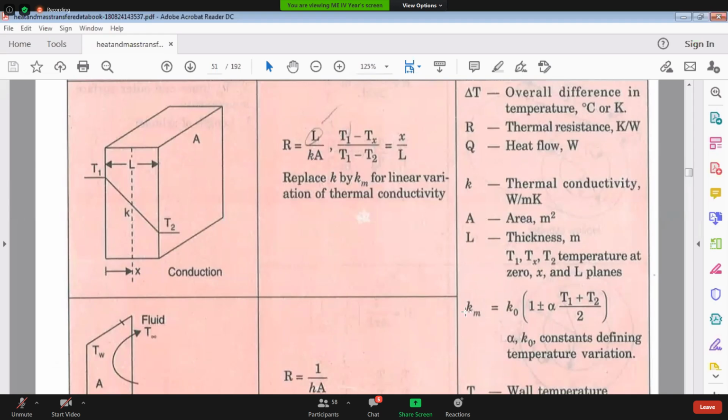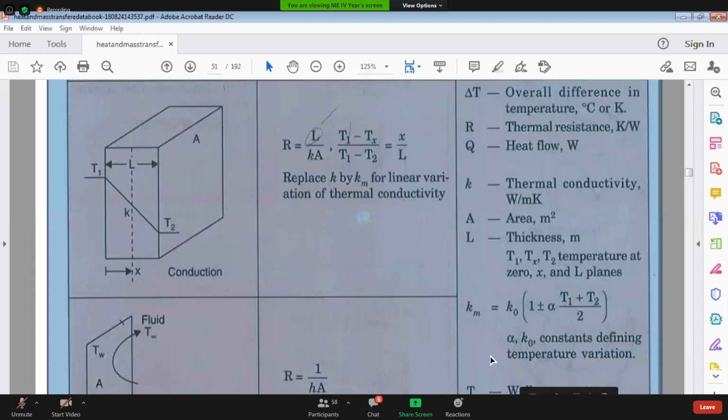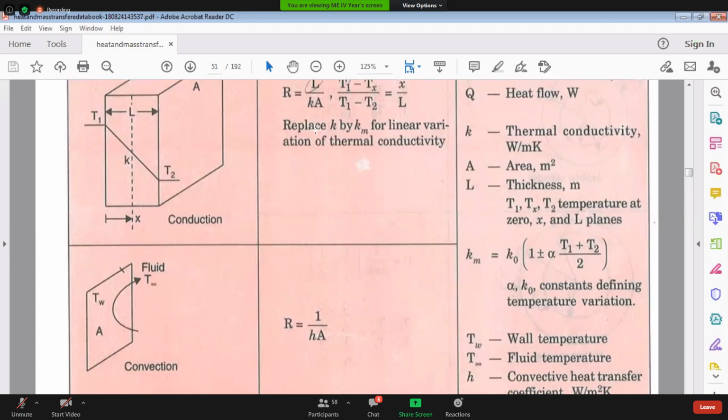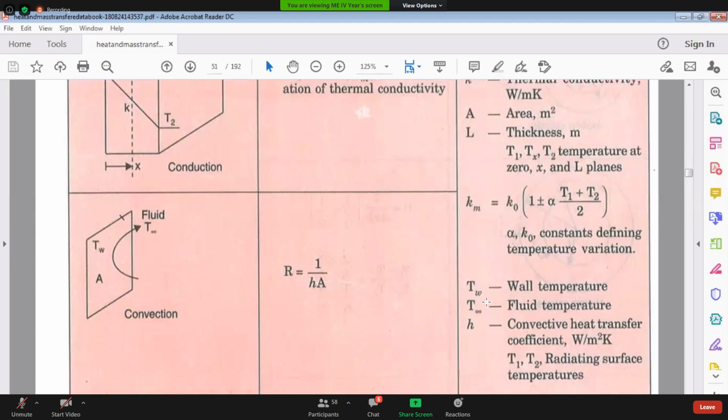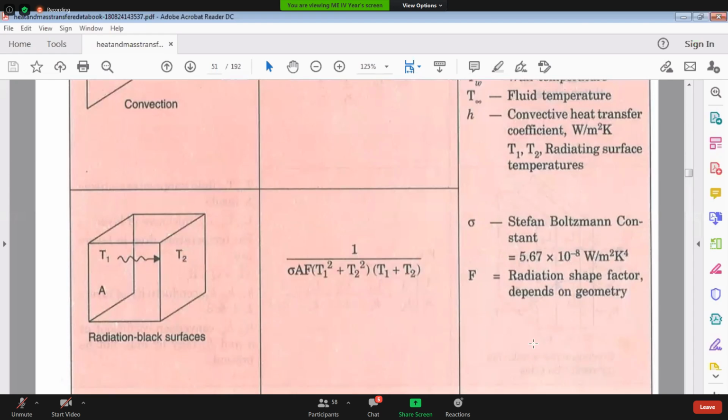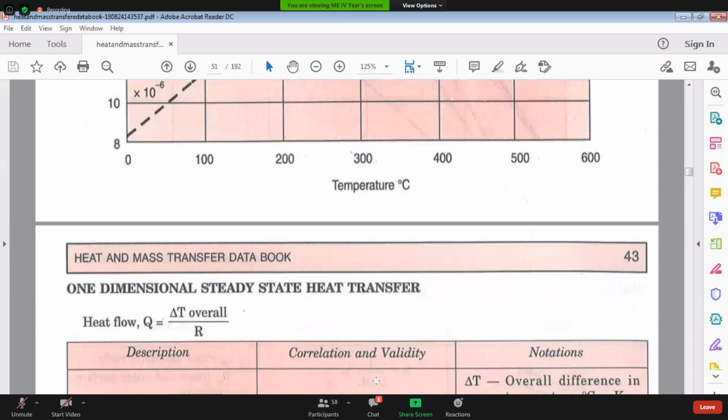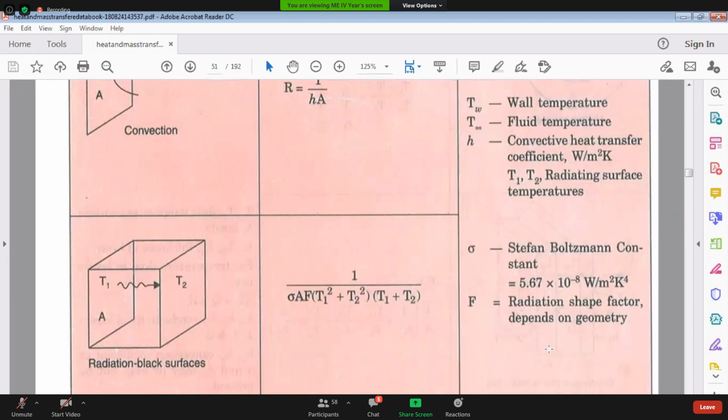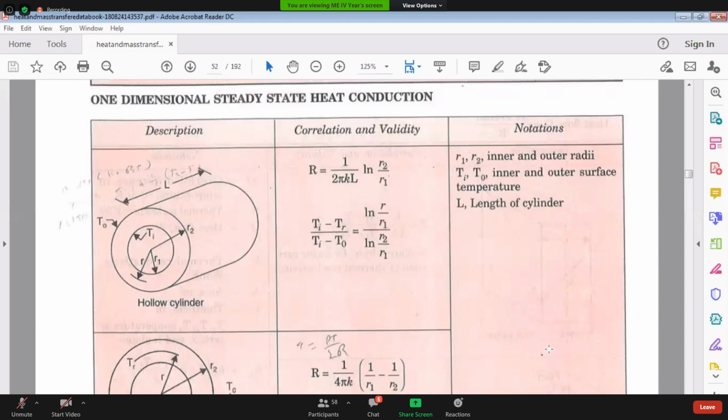See here, Km is mean thermal conductivity, like that. Replace Km. TW, T infinity, H, every notation will be given. Sigma and F. For conduction, convection, radiation, for everything it will be given: description, correlation, and notations. Next step.